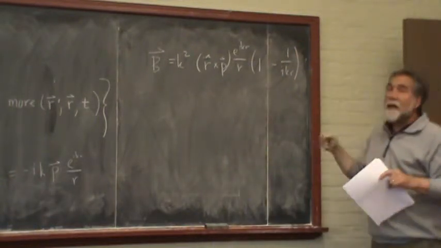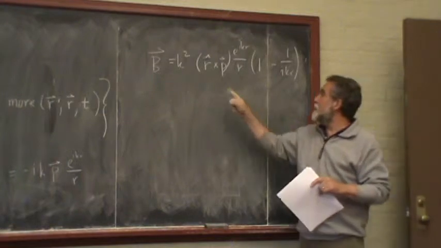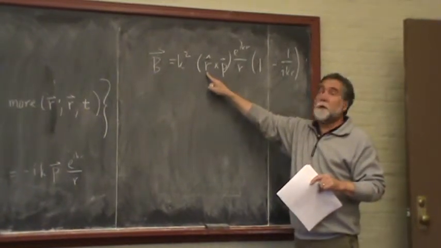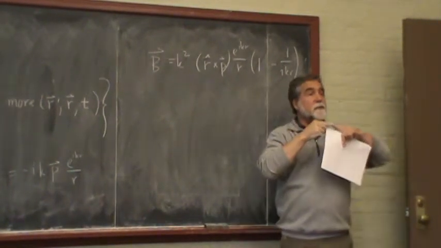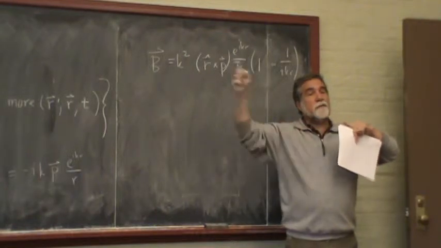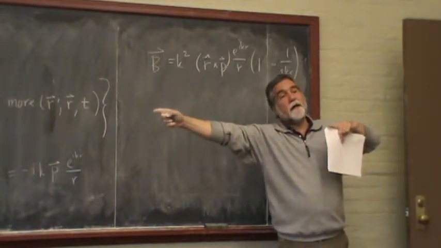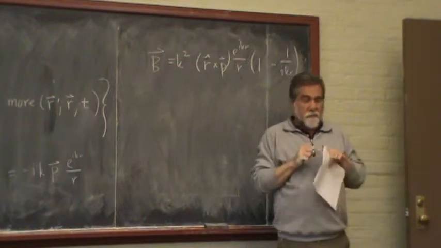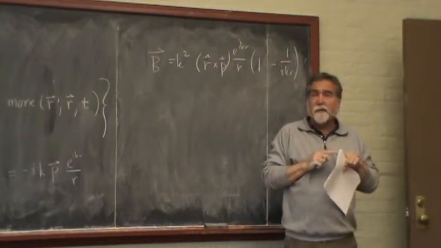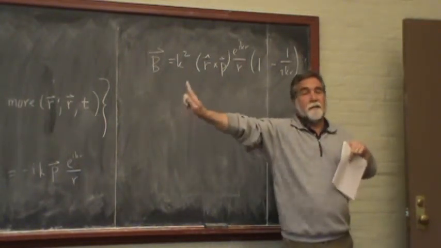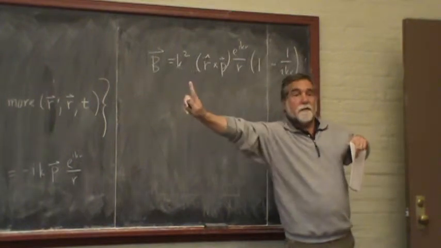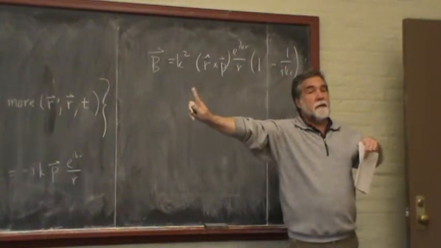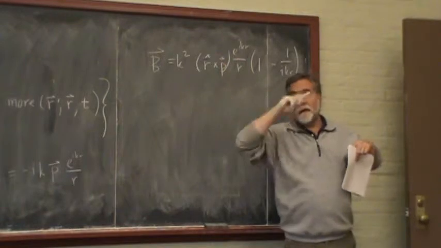And that magnetic field then is always perpendicular to the vector between the source and the observation point. So something's oscillating over here, and the magnetic field is going to be oscillating at right angles to the viewing direction. Okay, that makes sense.